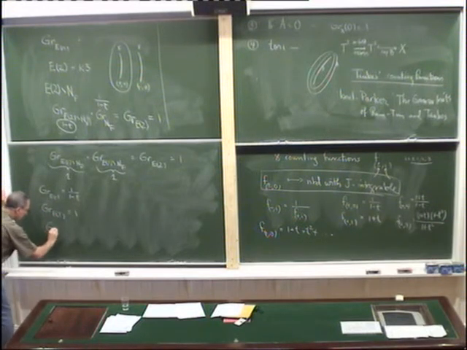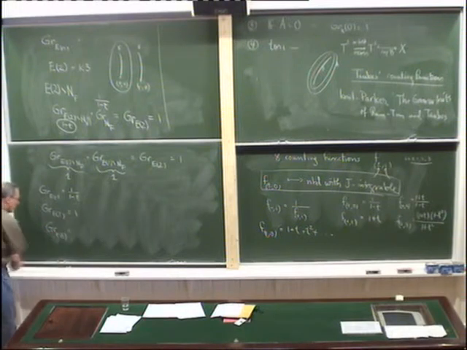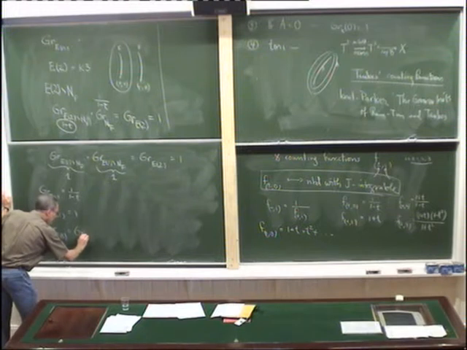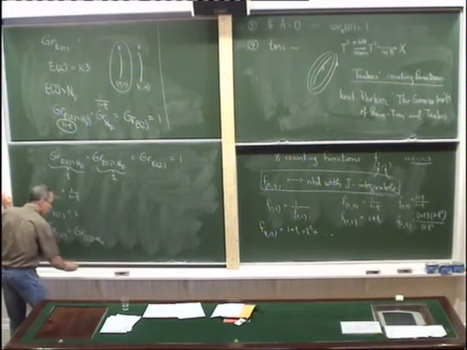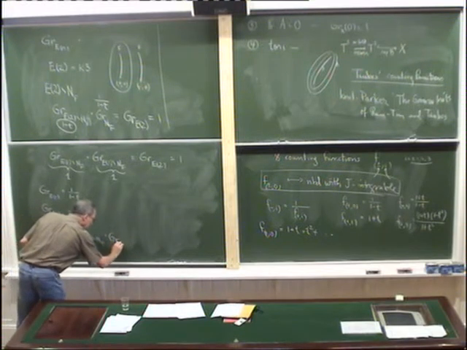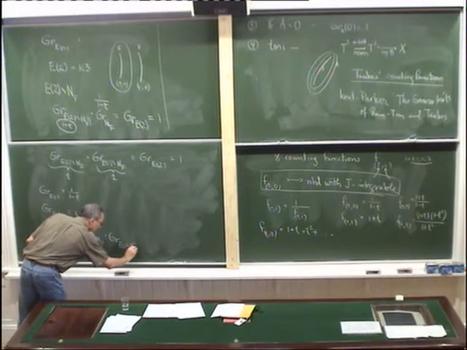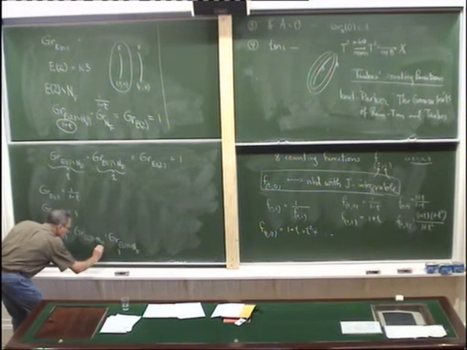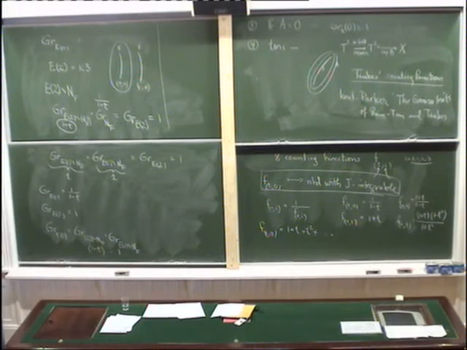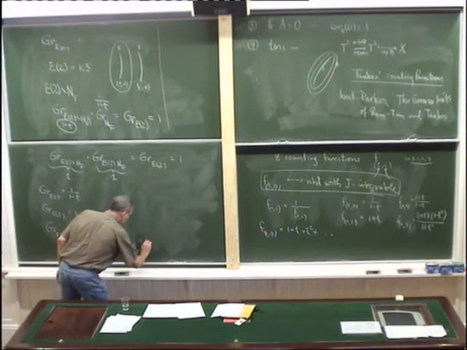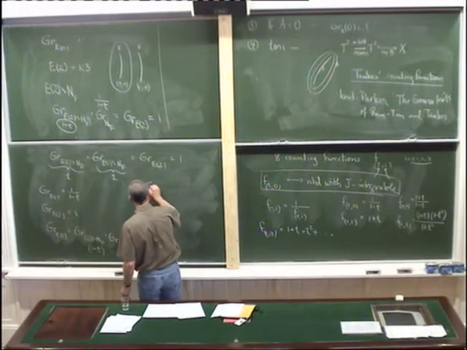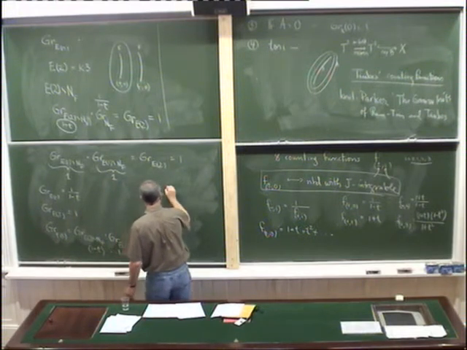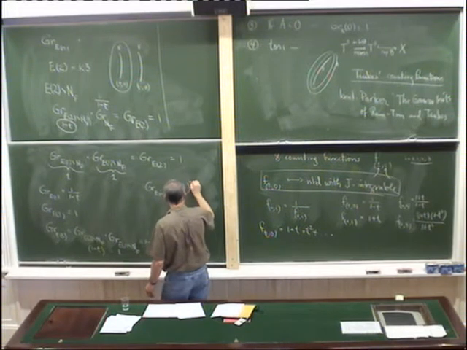The Gromov invariant of E3 is the Gromov invariant of E2 minus the neighborhood of a fiber times the Gromov invariant of E1 minus the neighborhood of a fiber. This is 1, this is 1 minus t, so we get 1 minus t. And in general, you just keep doing this and you compute the Gromov invariant of En as (1 minus t) to the n minus 2.